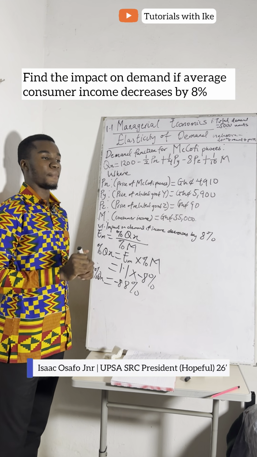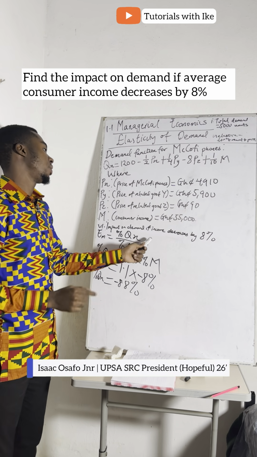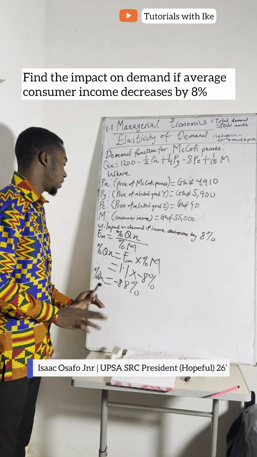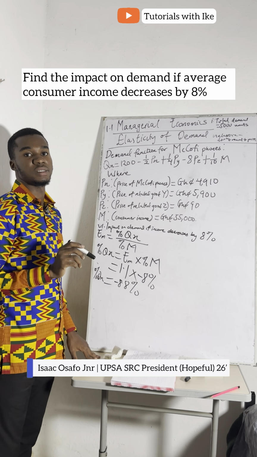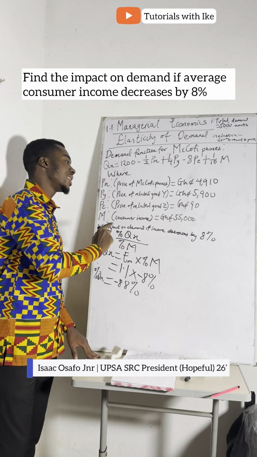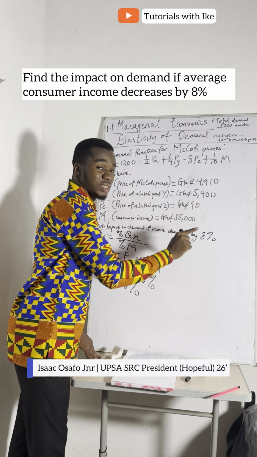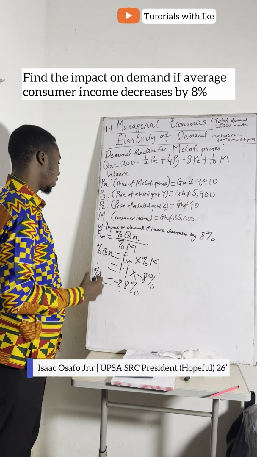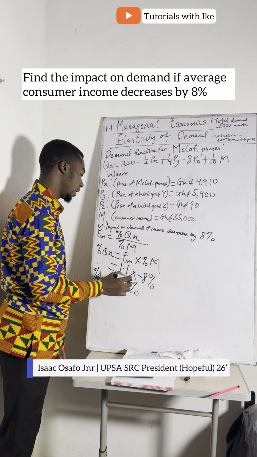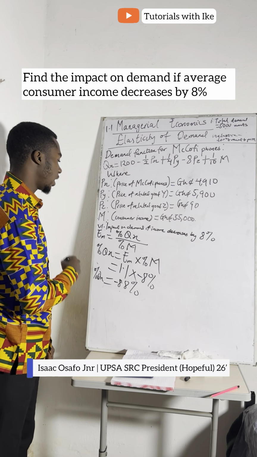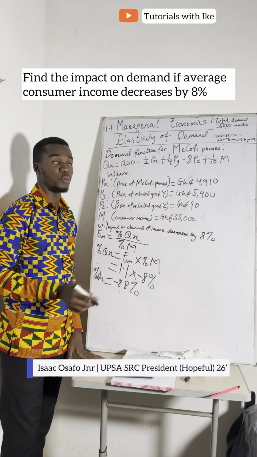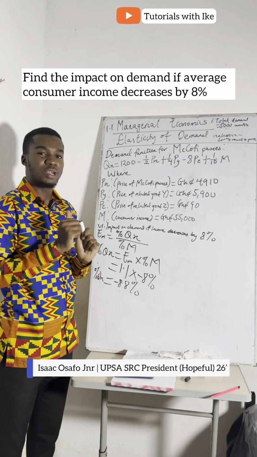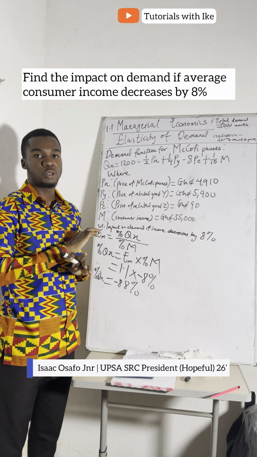What does this mean? It means that when income decreases by 8%, the quantity demanded of X decreases by 8.8%. I repeat, when income decreases by 8%, quantity demanded also decreases by 8.8%. So now that we know this, we can change it to decimals. Then we multiply it by our old demand, to find the actual decrease in demand, the number of people that are going to stop buying.